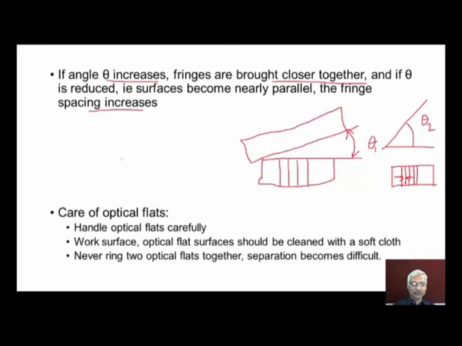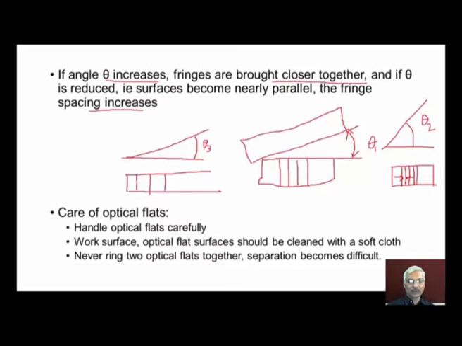Now let us consider another case wherein we have theta 3, which is smaller than theta 1. That means they are almost parallel. Then the fringe distance will be large like this.